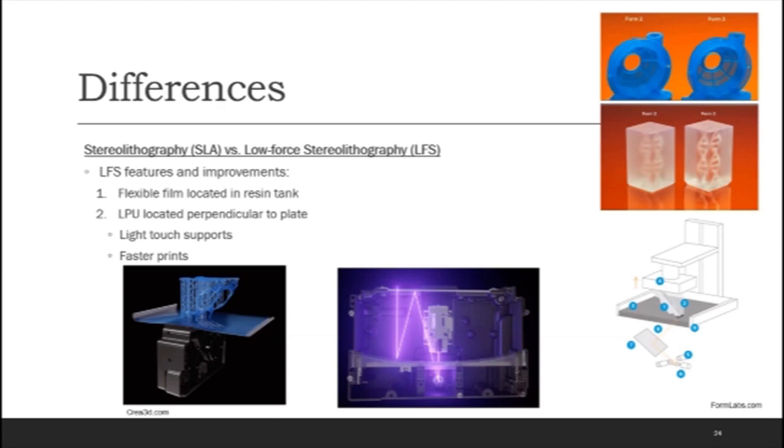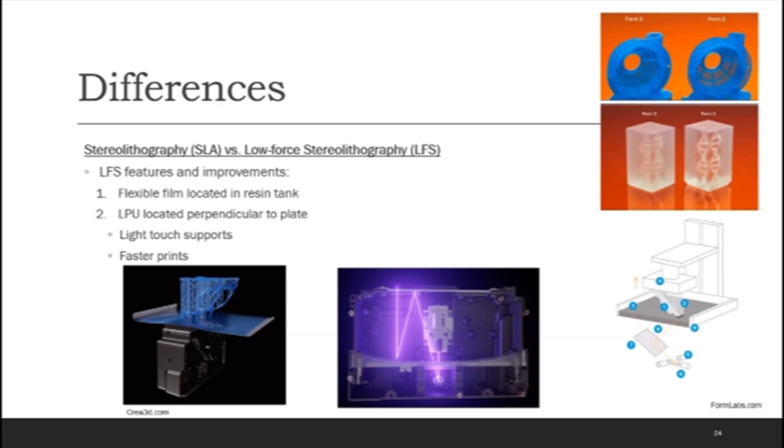Also, the LPU, you can see on the right, in the middle, that's a cross section of the box right there. And the laser comes out and it actually starts curing the platform perpendicularly to the laser beam. And that helps with better layer registration, which means that each layer can be cured exactly perfectly one on top of the other.